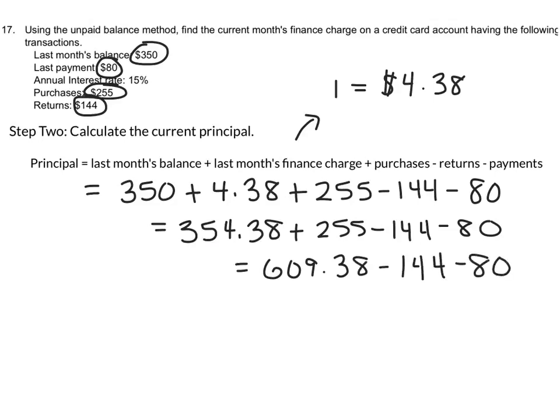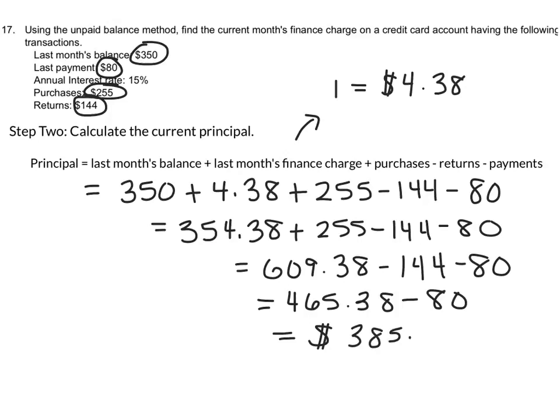Next, we'll subtract $144, so we get $465.38. Lastly, we'll subtract 80 from that amount, and we get a final amount of $385.38. Now this is our principal, P.